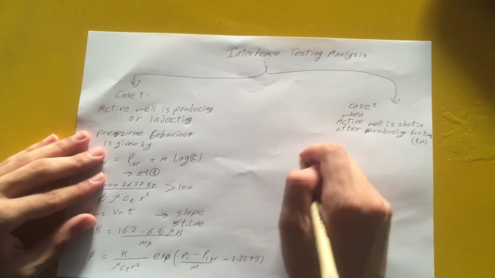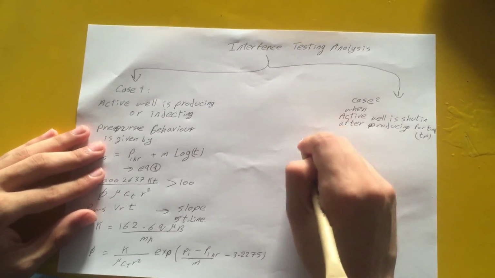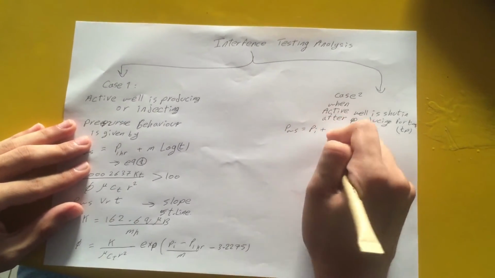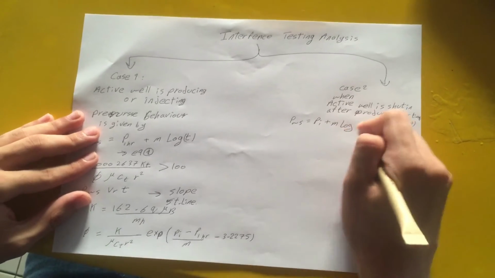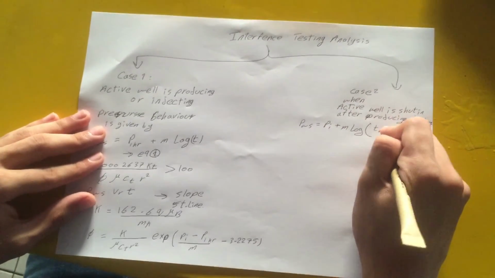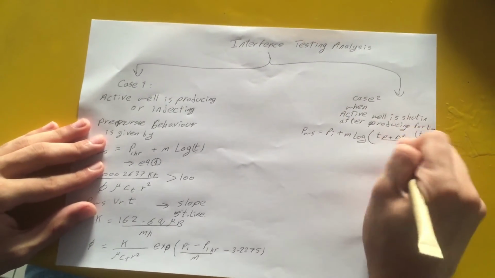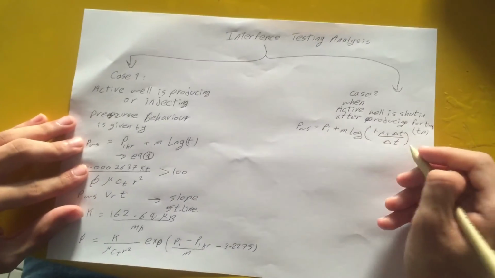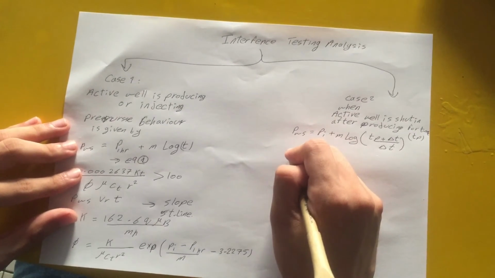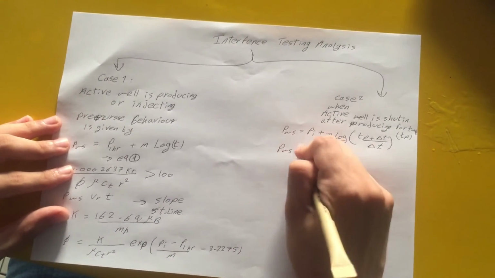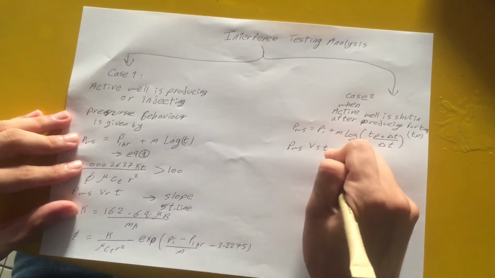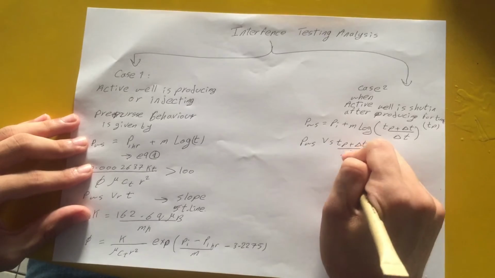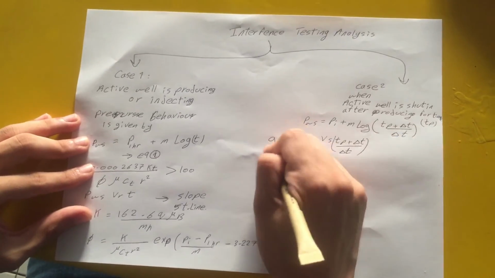The equation for calculating the pressure behavior is Pws equals Pi plus m log of the function tp plus delta t over delta t. Now our turn again is to plot the graph between the two functions, which is Pws versus the tp plus delta t over delta t graph.